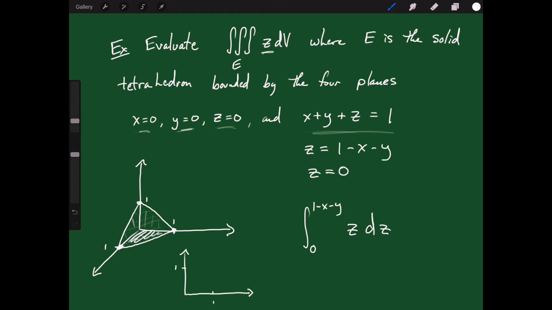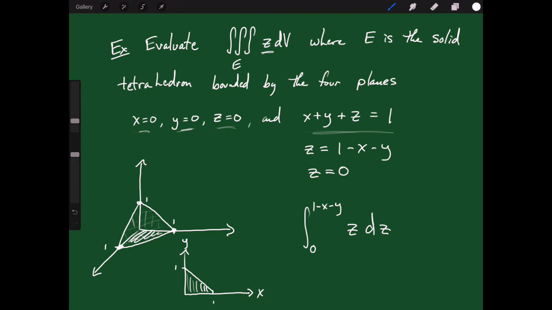Here's 1, here's 1. So that's the region if I just look at this thing in the xy plane. I've already taken care of z, so now I'm just asking what am I doing in just the xy plane? I've taken care of the z direction.